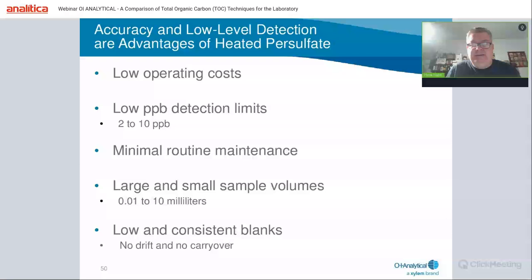You've got to have really nice, clean reagents and DI water. But this is the instrument to do your extremely low levels. Minimal routine maintenance. You can do varying sample volumes. And there are low and consistent blanks with not much drift or carryover.